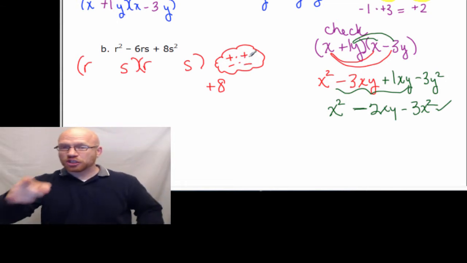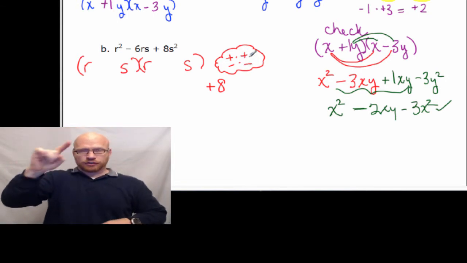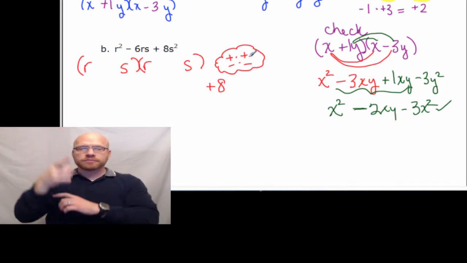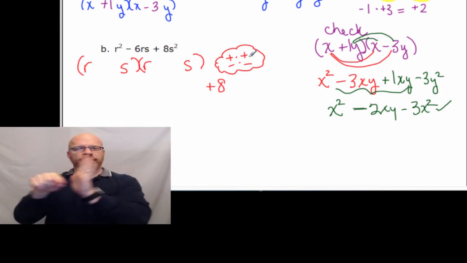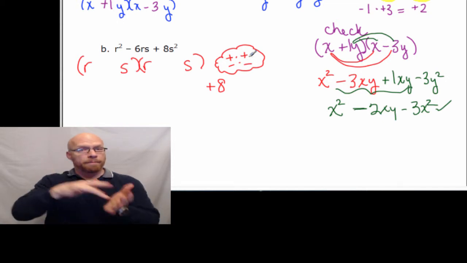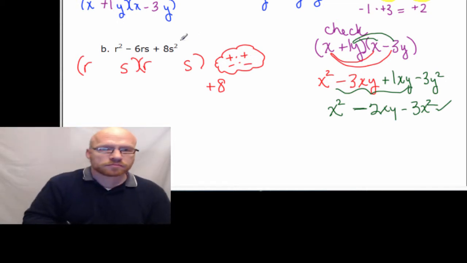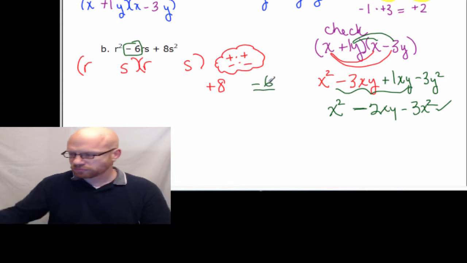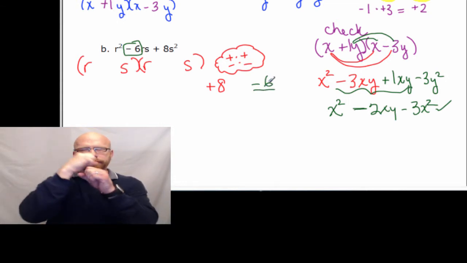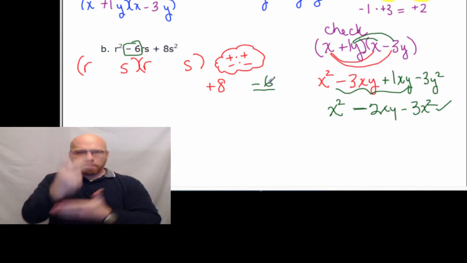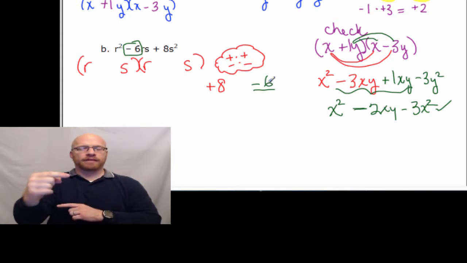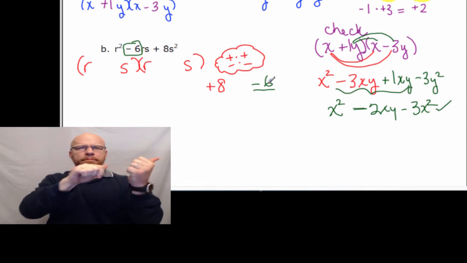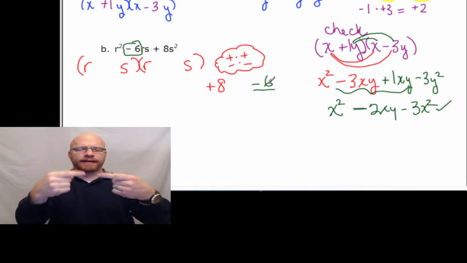Now, in my thought bubble, what I'm thinking about in my head, I know I need either two negatives or two positives to multiply to become positive 8. Now our middle term is negative 6. Then I think about what? Okay, they both have to be negative. So we don't even entertain the possibility of two positive factors.